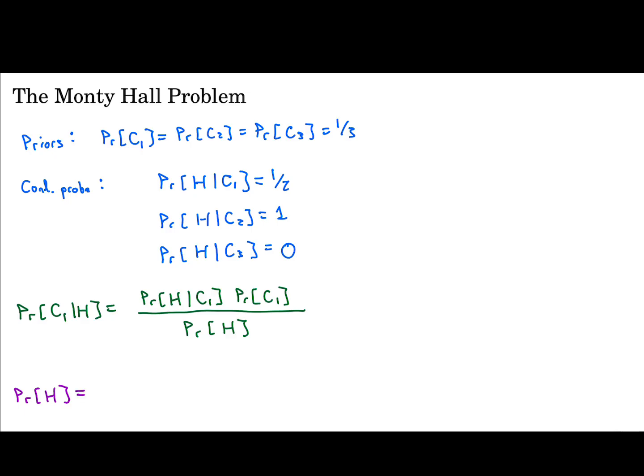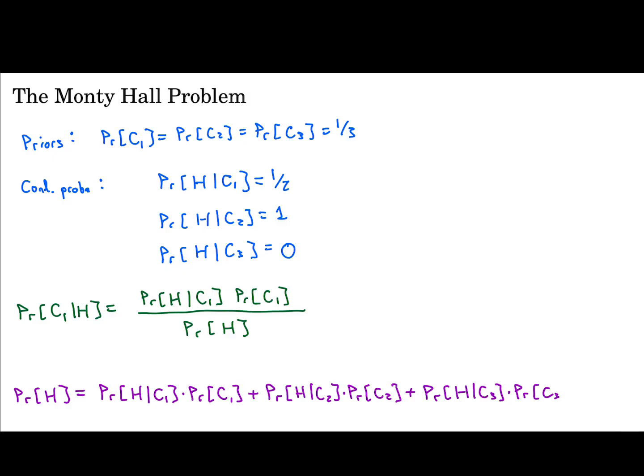So this will be the probability that he does what he does, given that the car is in door 1, times the probability of the car being in door 1, plus the probability that he does what he does, given that the car is in door 2, times the probability of the car being in door 2, plus the probability that the host opens door 3 with the goat, given that the car was there, times the probability of car 3, right?